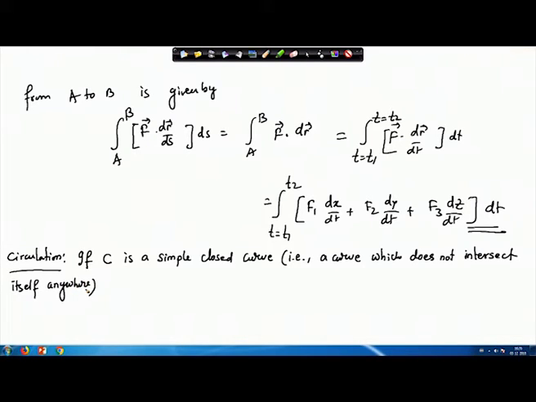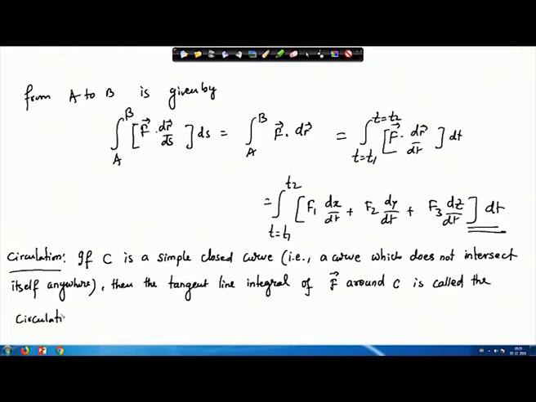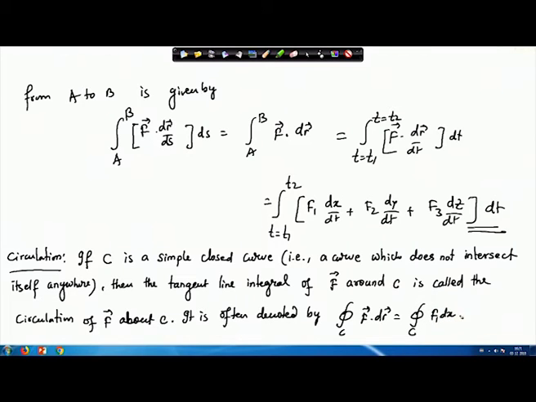So, there is no looping there. It is not intersecting itself anywhere. Then the tangent line integral of f around C is called the circulation of f about C, and it is often denoted by this symbol, and we write it as f dot dr is equal to the integral over C of f1 dx plus f2 dy plus f3 dz.